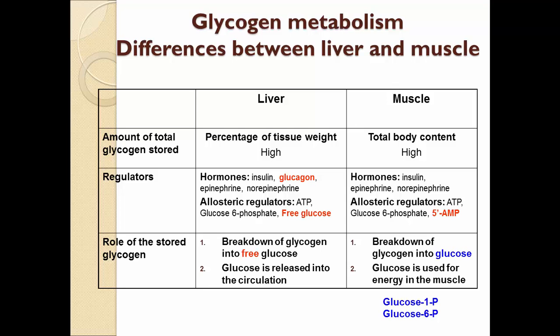So in other words, during fasting, when we have higher glucagon, the main target will be the liver glycogen, right? We break down the liver glycogen and release glucose to raise the blood glucose level, and not the muscle, which also makes sense, right? Muscle doesn't usually release glucose. So again, glucagon only regulates liver glycogen breakdown.